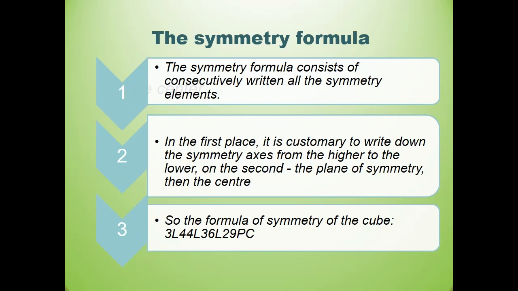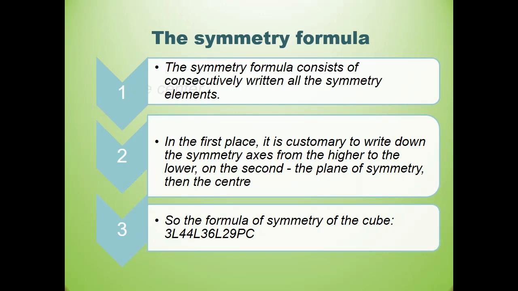So the symmetry formula itself does not carry any information, but you can see a full set of elements of symmetry if you write correctly the formula of symmetry of this crystal.